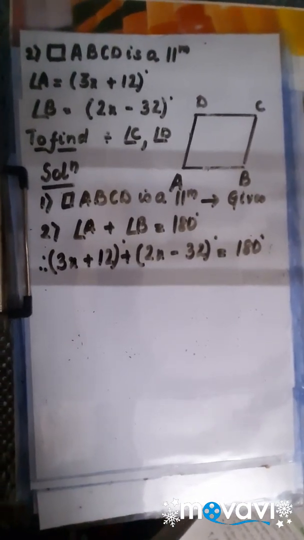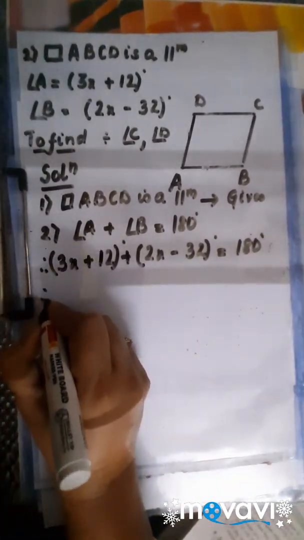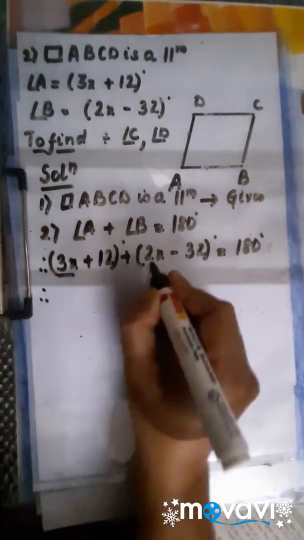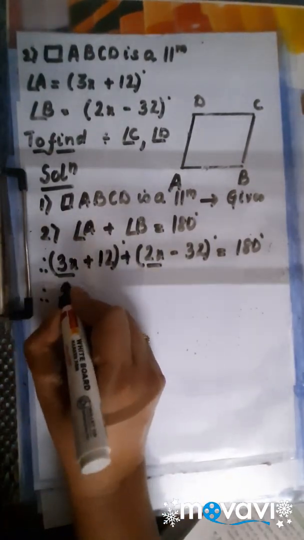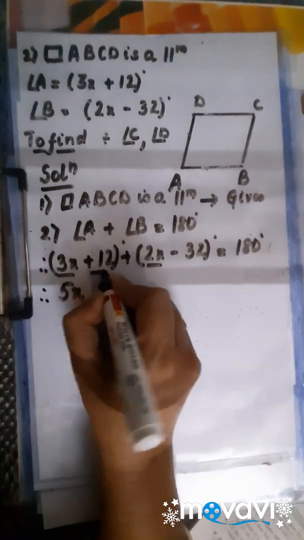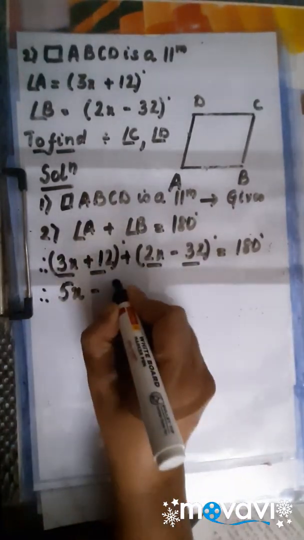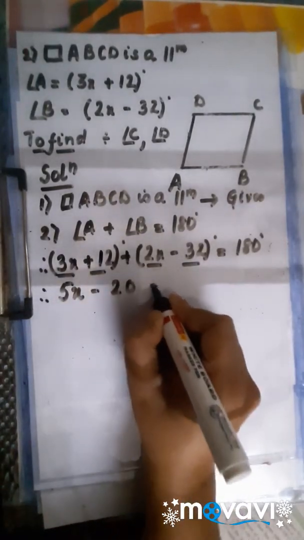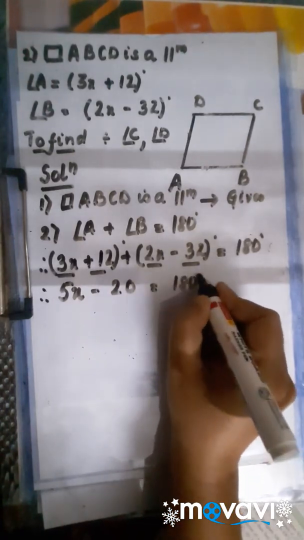Is that clear? Right. Therefore, now we'll add: 2x plus 3x gives me 5x, plus 12 minus 32 gives me minus 20, is equal to 180 degrees.